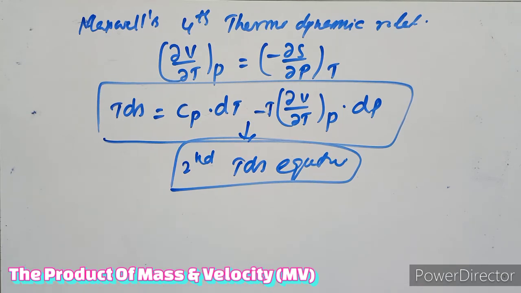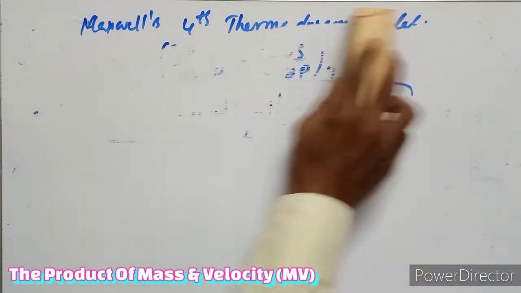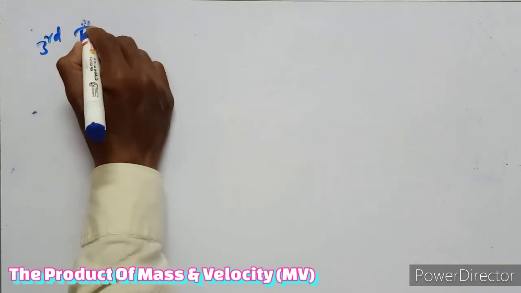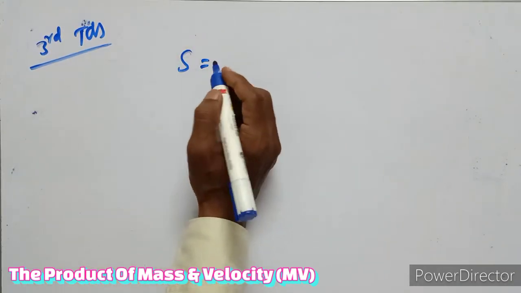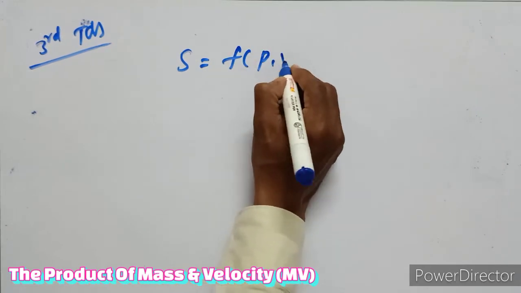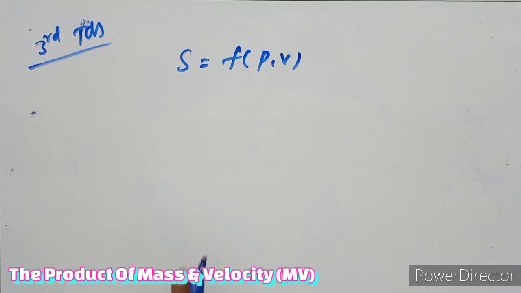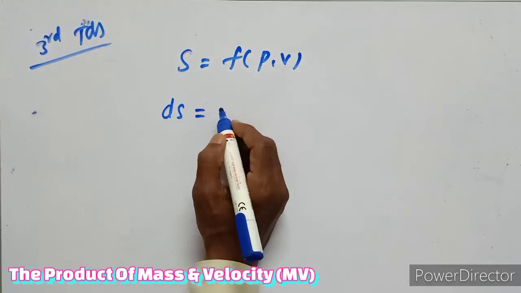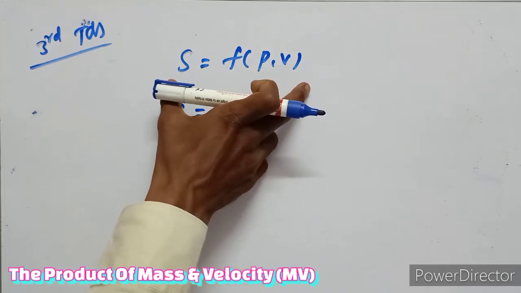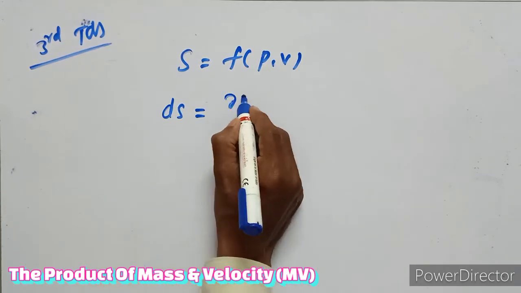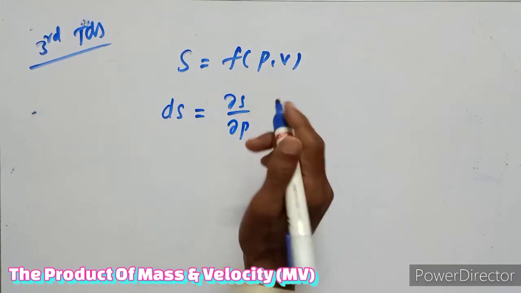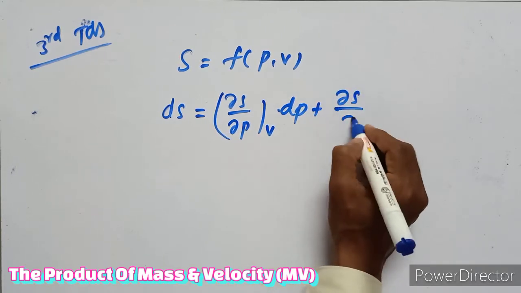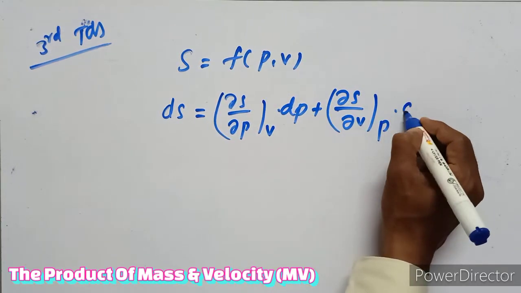In the third Tds equation, the entropy is defined as a function of pressure and volume. So similar to the first and second, if ds is a perfect differential, then partial differentiating this equation: dou s upon dou p at v into dp plus dou s upon dou v at p into dv.